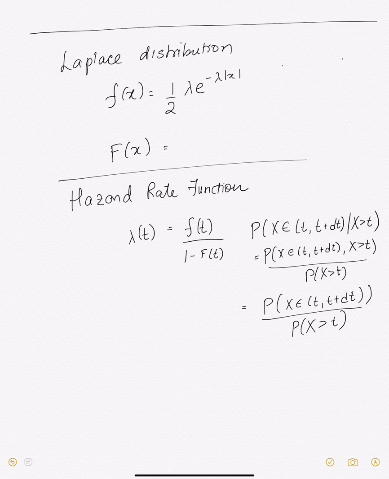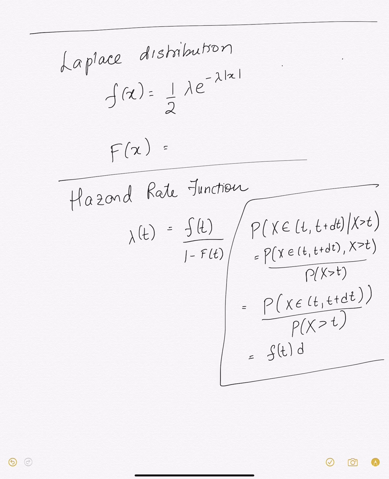What's the probability x is in t to t plus dt? We have seen this. We discussed this before. Loosely speaking, you can think of this as the density times dt, divided by what is the probability x bigger than t? That's 1 minus the probability x less than or equal to t. So that's 1 minus F of t.